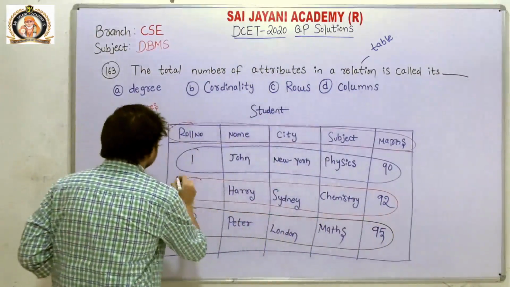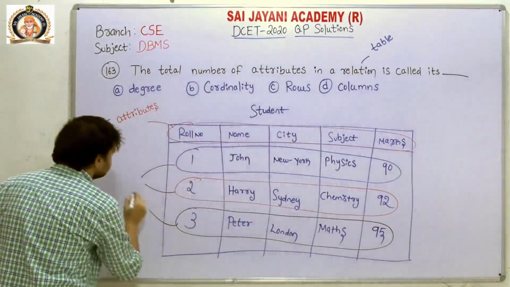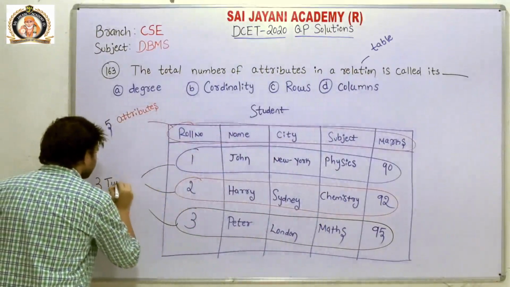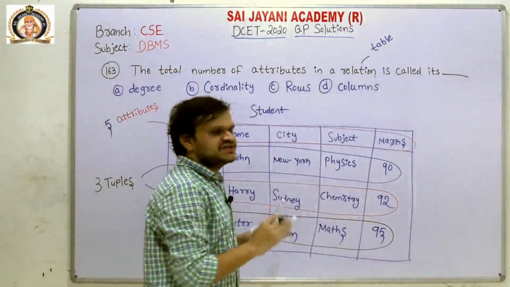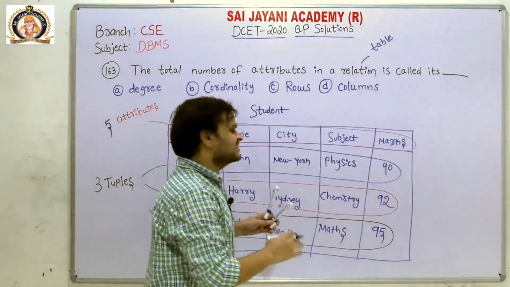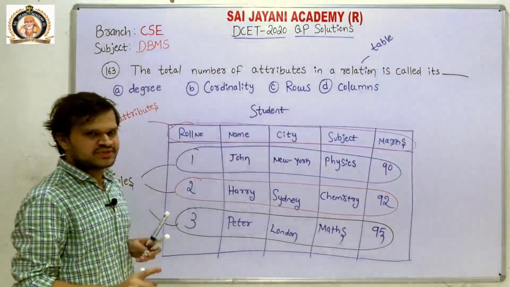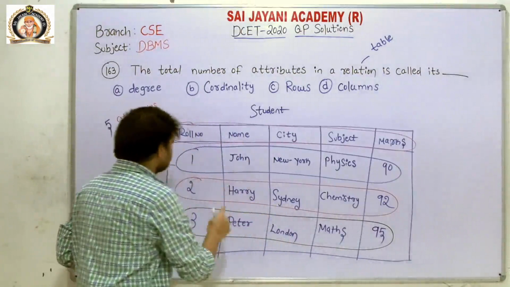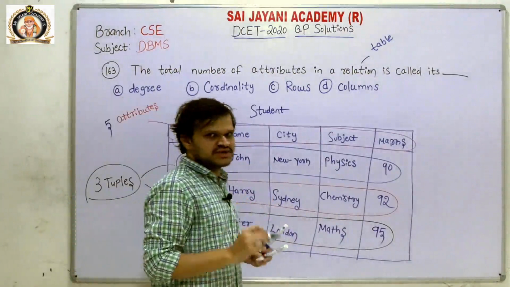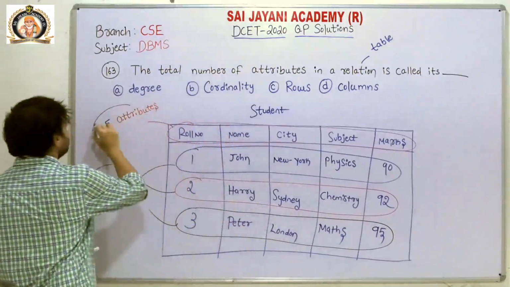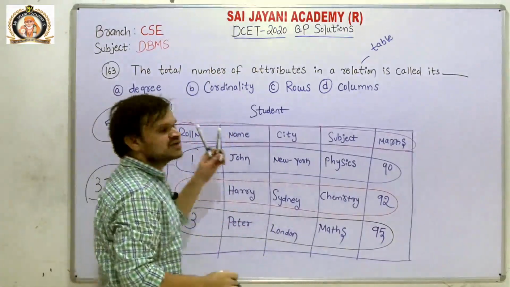We have 3 tuples. Each row in a table is called a tuple. So we have 3 rows, so 3 tuples in this student table. Similarly, 5 attributes are present in this student table.